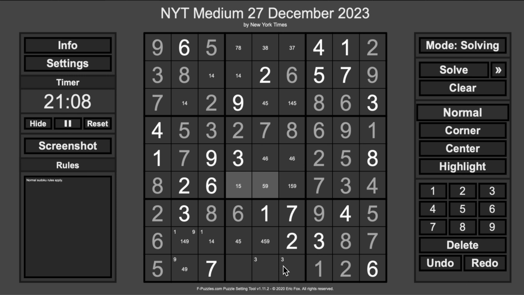Okay, these cells are not 1, 2, 5, 6, 7. So you start with 3, 4, 8, 9.